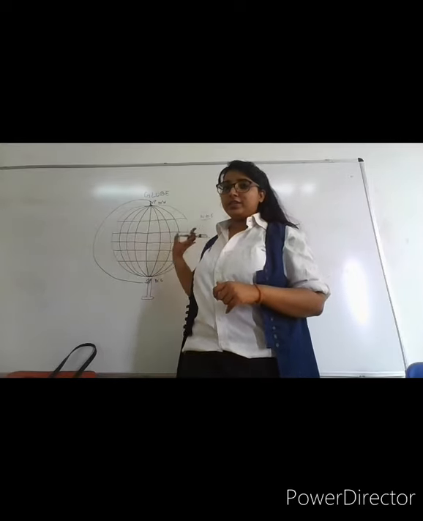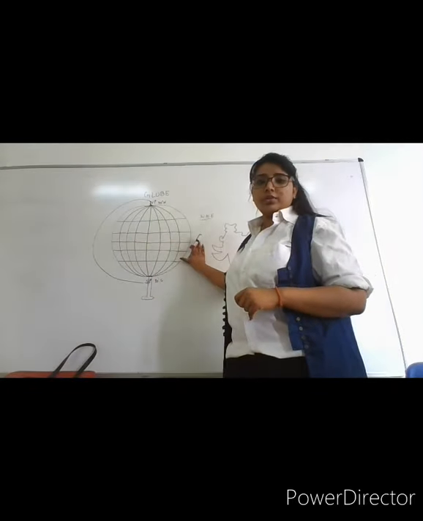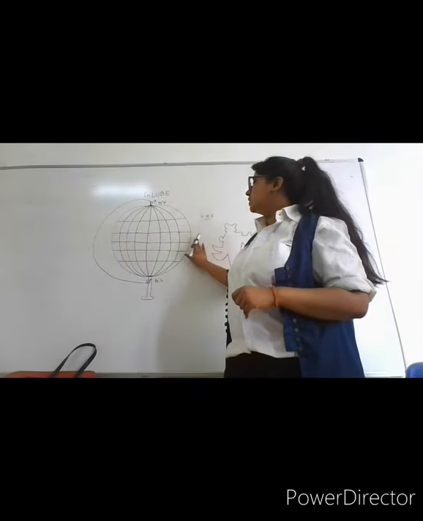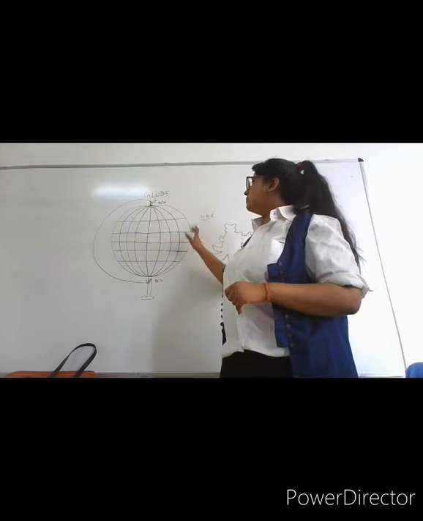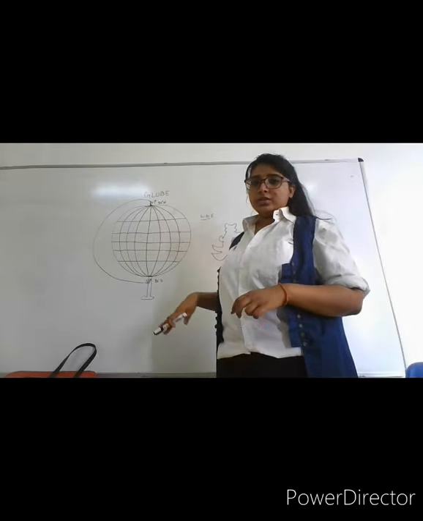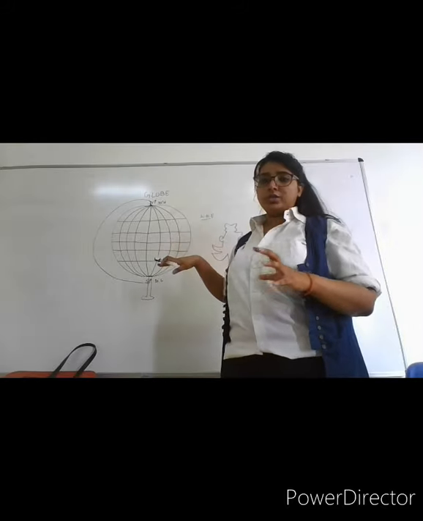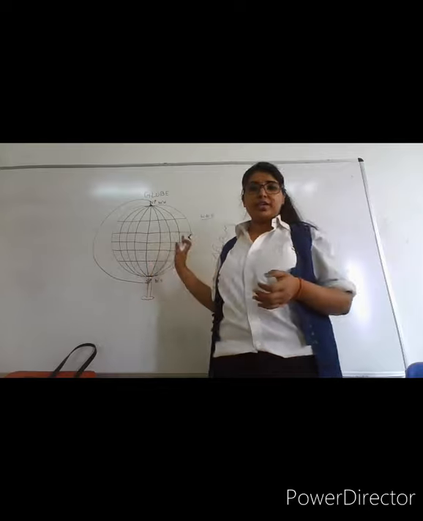A map is not exactly a true model of Earth. So a globe is exactly the true model of Earth. We can learn the movement of Earth, like the rotation of Earth. We can even see how the North Pole and South Pole are located. So basically, to know about the surface of Earth and the shape of Earth, a globe is very useful.